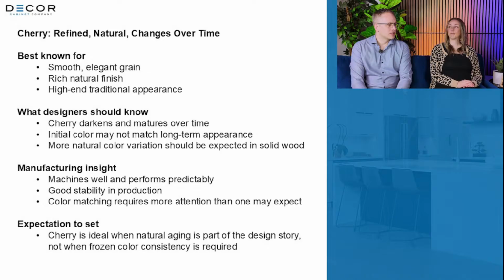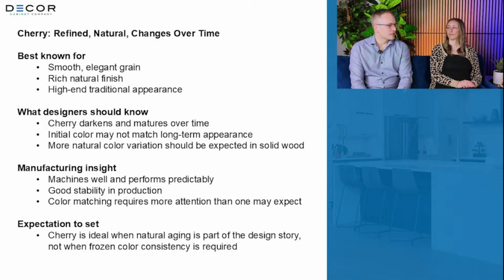Sam, why don't you talk a little bit about cherry? Cherry is a very nice wood as well. It is very refined and very beautiful. Cherry has very rich tones. The natural finish is very, very rich.